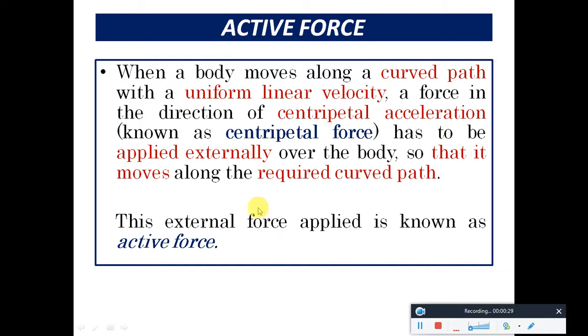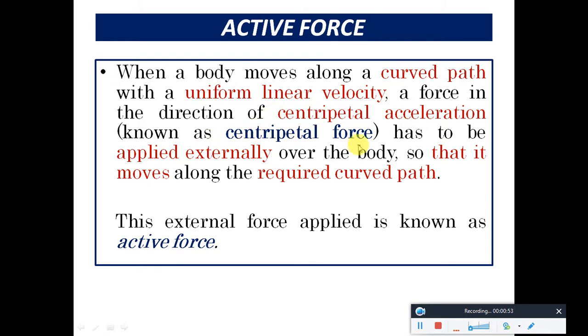See, when a body moves in a curved path, what happens? That body may have a uniform linear velocity, but irrespective of this linear velocity, it would be acted upon by some centripetal acceleration. When you multiply with the mass, it becomes centripetal force.